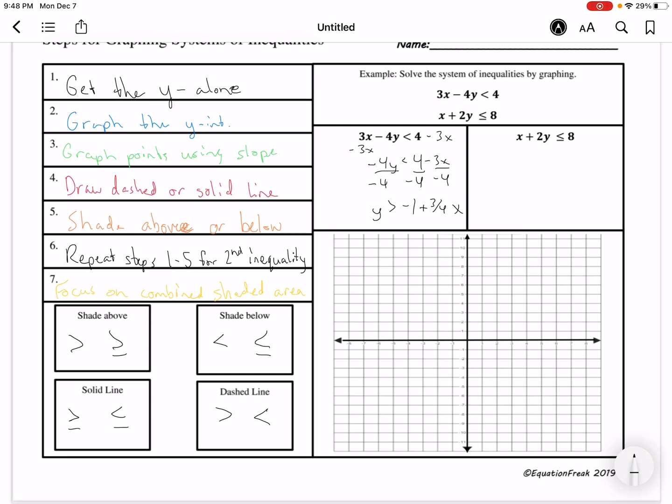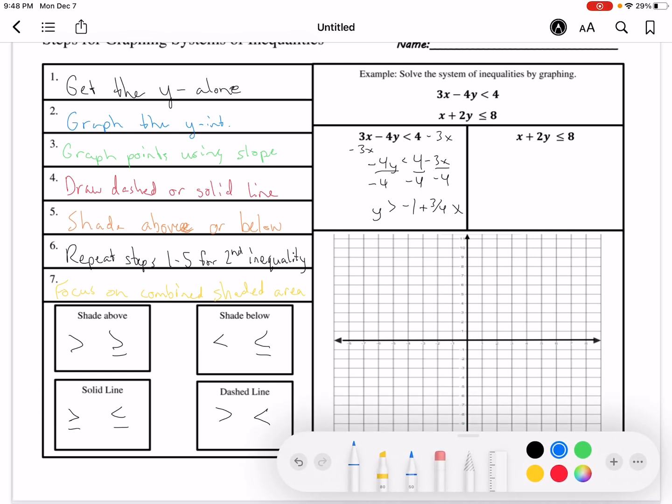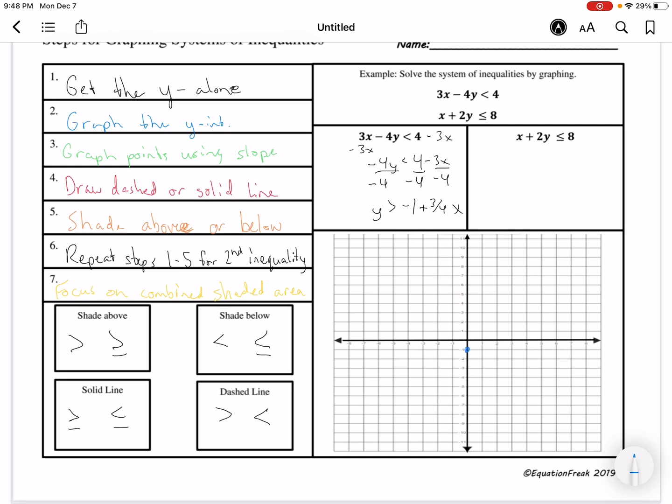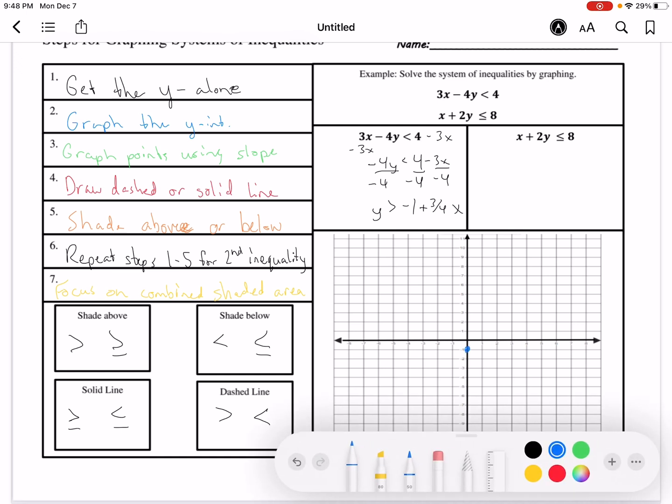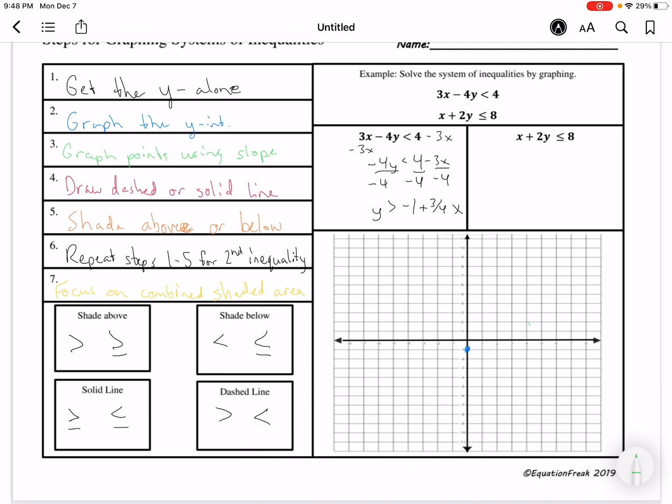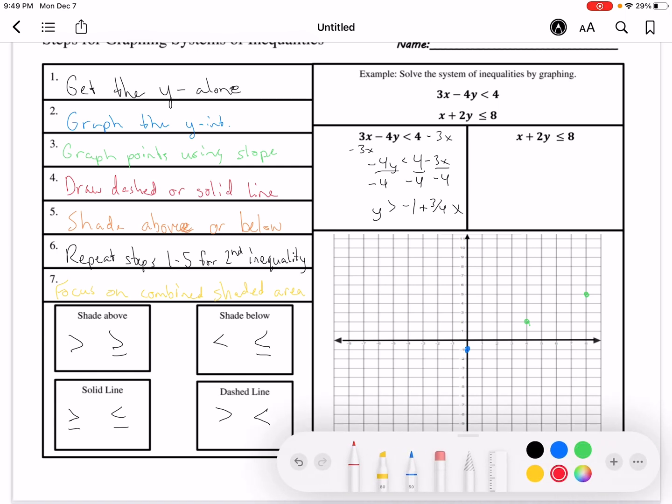All right, so then I'm going to graph the y-intercept. So my y-intercept is at negative 1, so I'm going to put a dot at negative 1. My slope is going to be 3/4, so it's going to be up 3 and right 4. Up 3, right 4. Again, my next part is deciding if I'm drawing a solid or a dashed line.